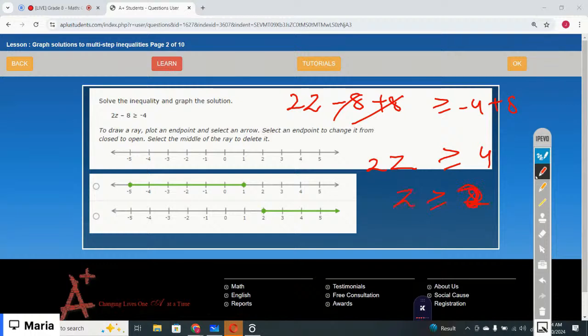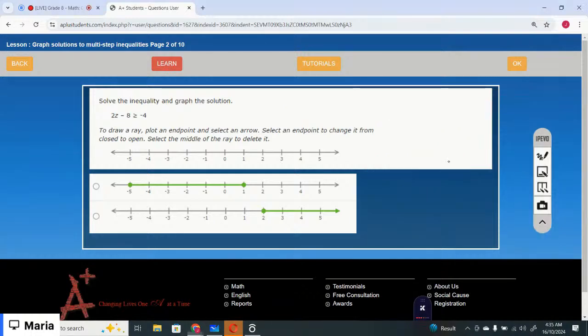So z is greater than or equal to 2, which is the correct option. Option number 2 is the correct option.